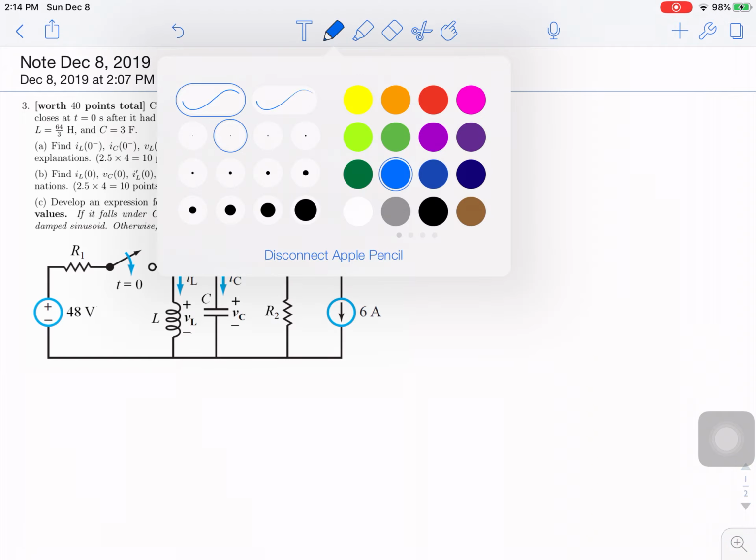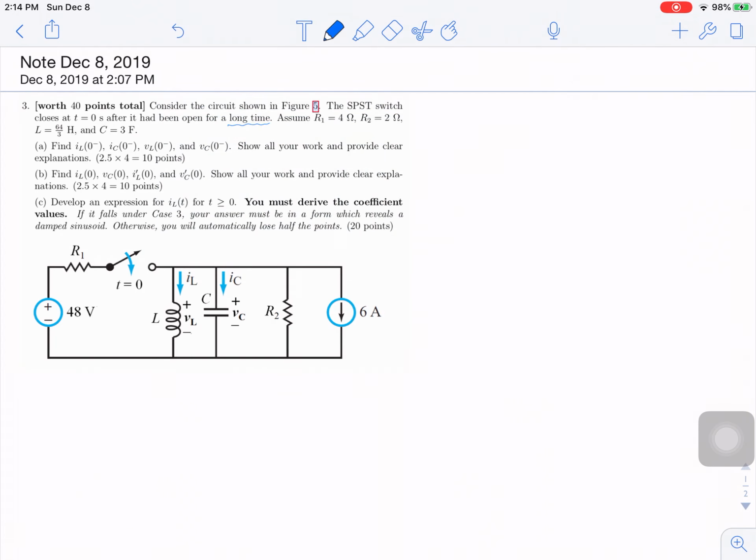At first, you know that because the switch, when t less than 0, is open, and it has been open for a very long time, we know that C is open circuit and L is short circuit.